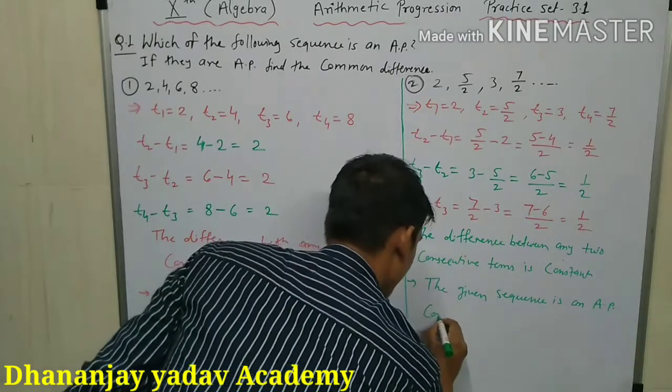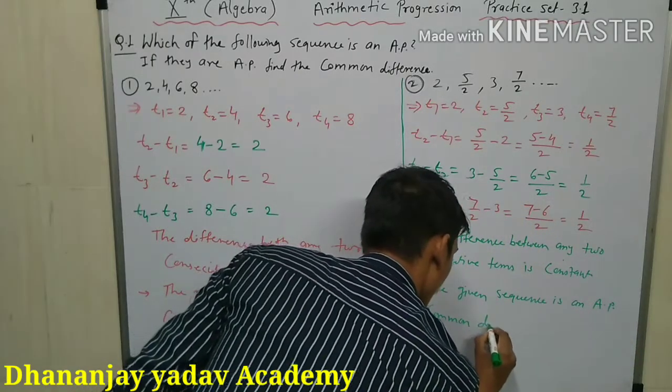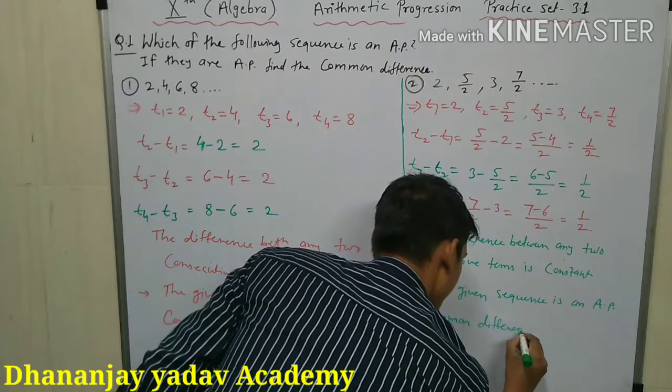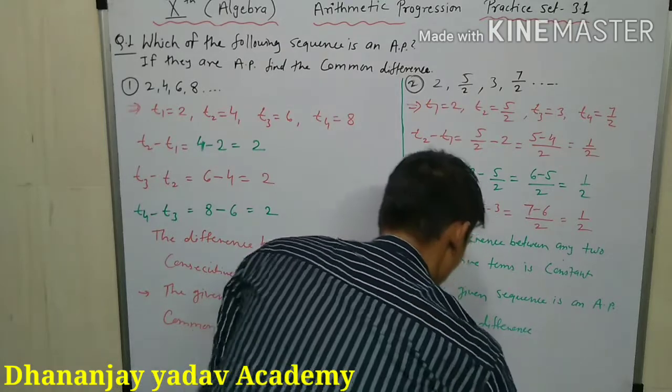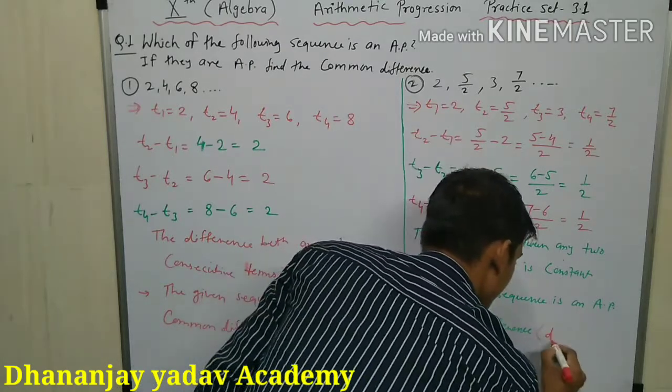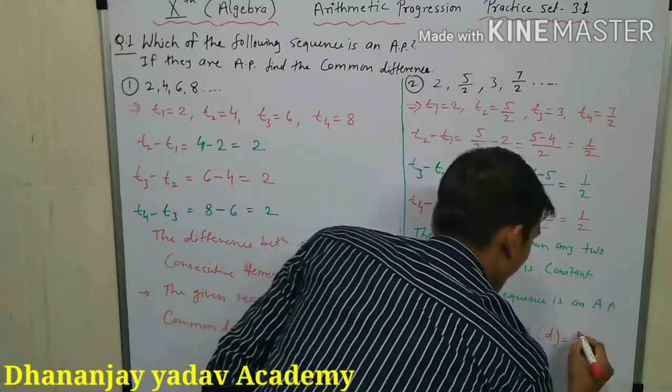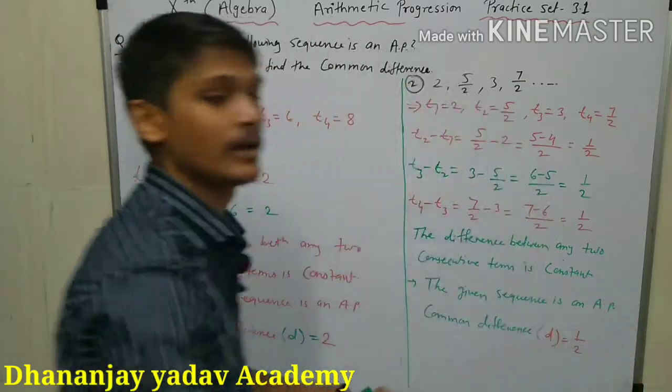Now the common difference D is equal to 1 by 2. Clear?